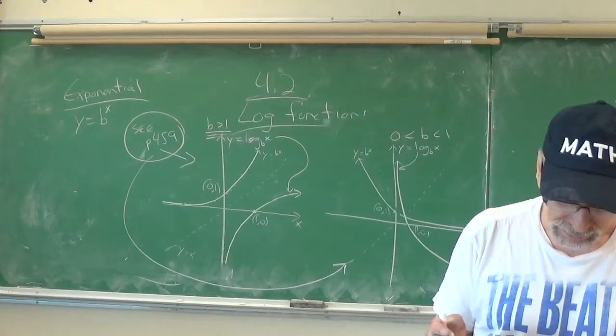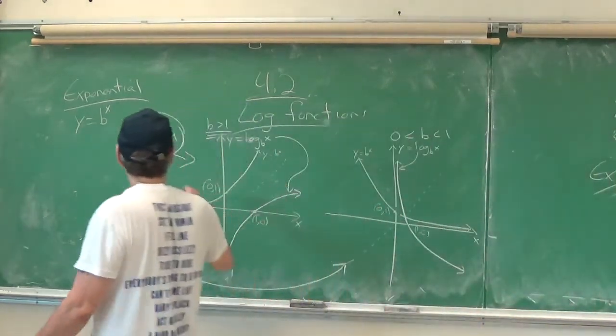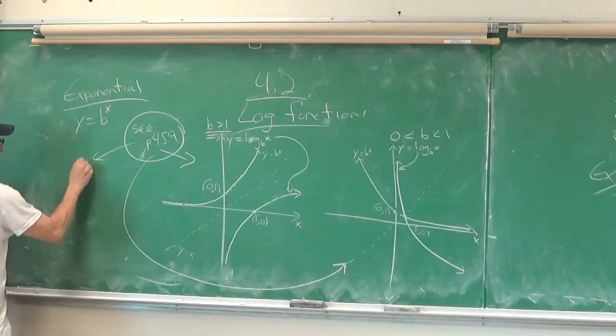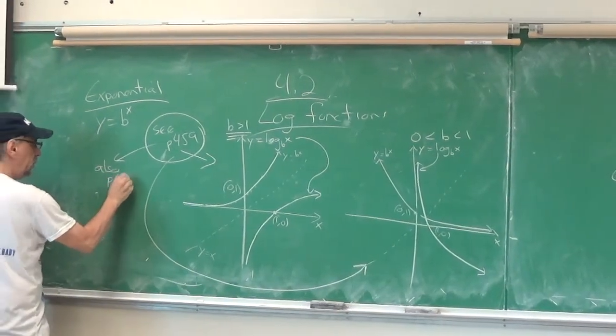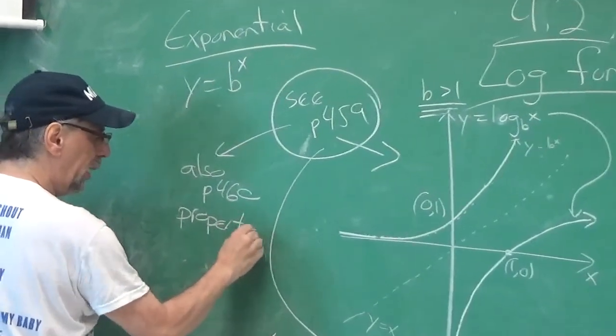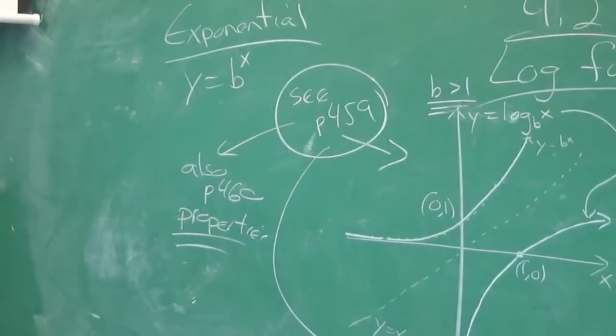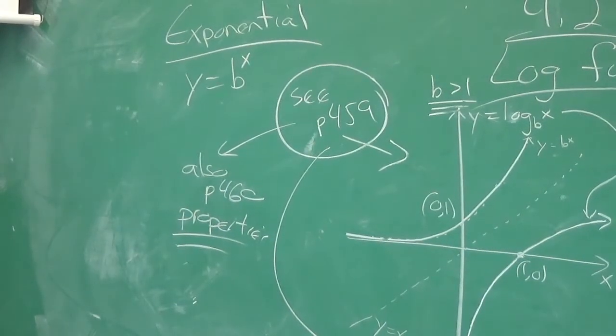And the domain, increasing, decreasing, and all of that is also nicely listed for you on page 460, all the properties that we just talked about. Domain, range, intercepts, increasing, decreasing are all listed there for you on page 460.